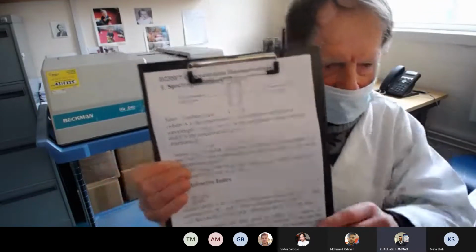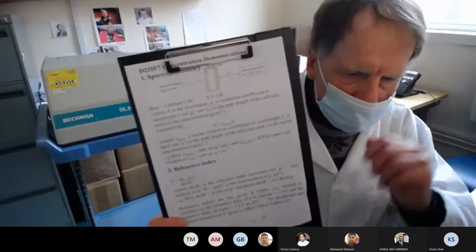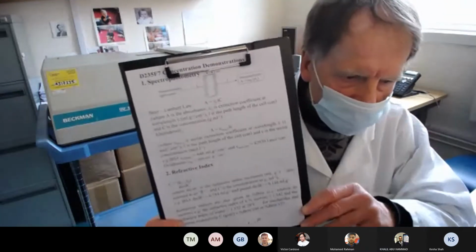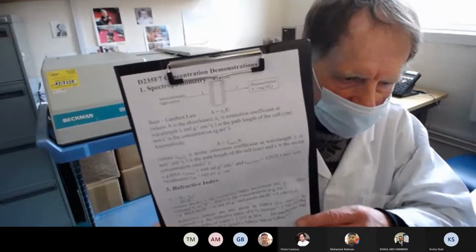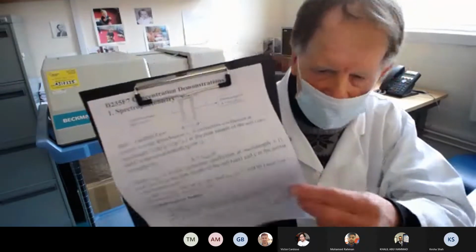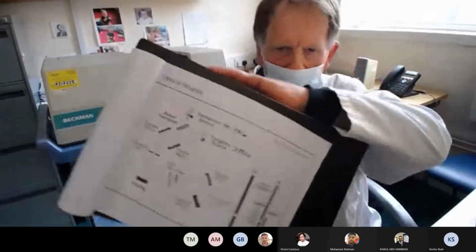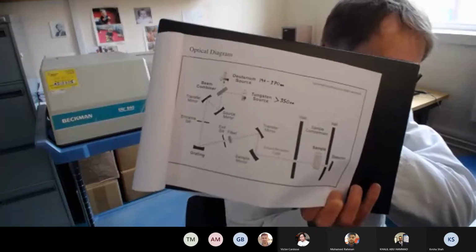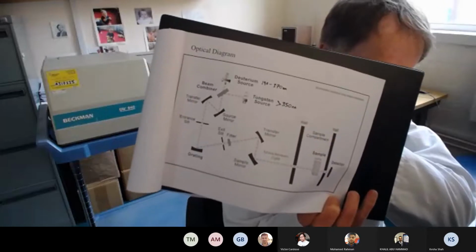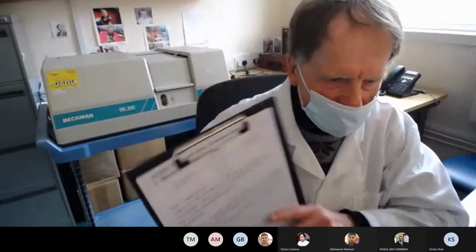Okay. So the first sheet is just a description of measurements of concentration by spectrophotometer and refractometer, and the second sheet is just an optical diagram of the workings inside of a spectrophotometer. That's mainly for interest, really.